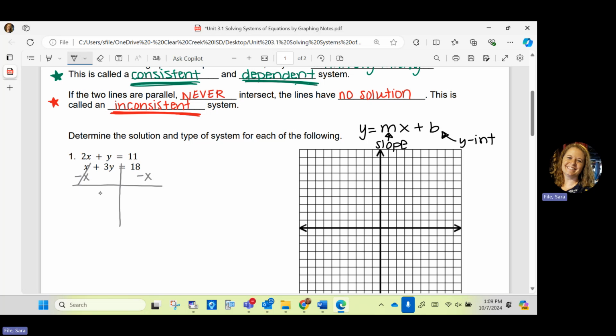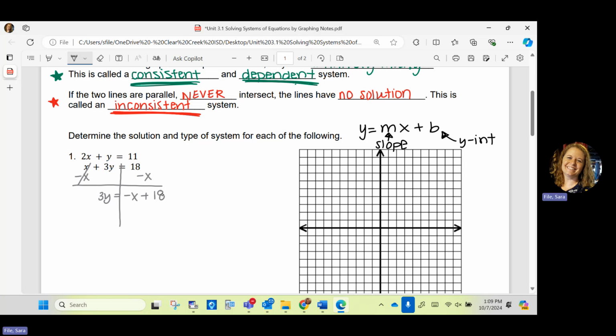And it leaves me with 3y equals, I cannot combine the 18 and the minus x. One is a variable term, one is a constant. They do not go together. I want the x term first and then the constant, so I'm going to write it as negative x plus 18 instead of 18 minus x.